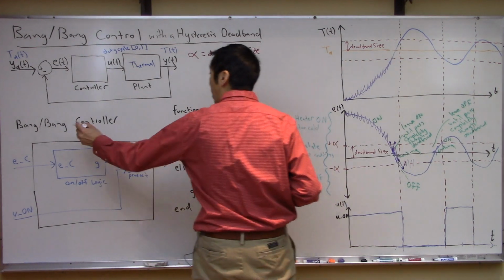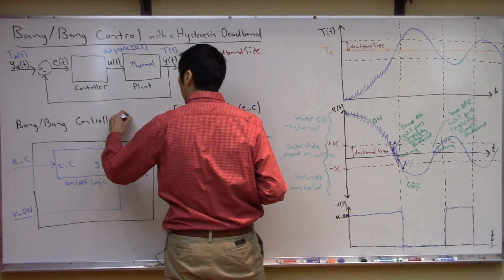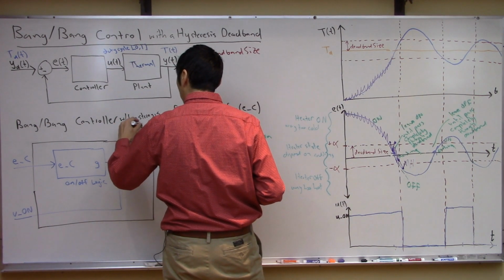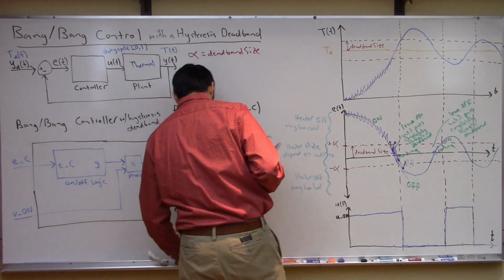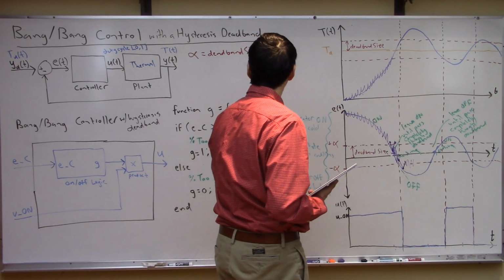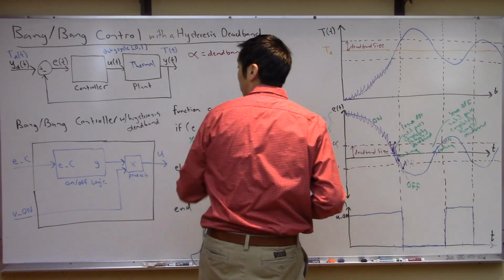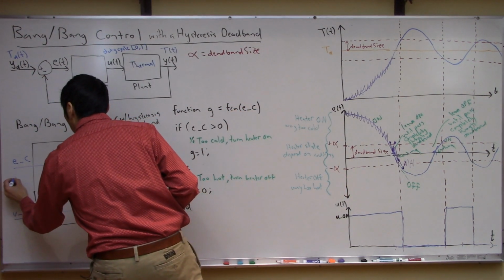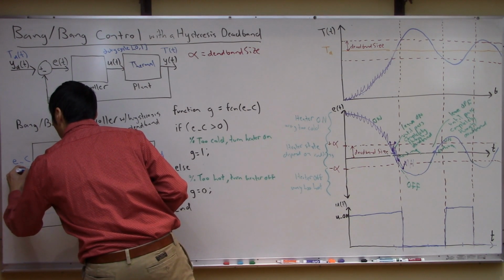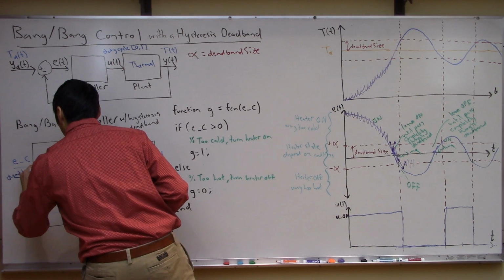Let's change this to a bang-bang controller with the Hysteresis Deadband. So what we're going to have to add is this alpha parameter, or the deadband size. This is one more controller parameter, so we're going to have to have the deadband size input to the controller, okay?